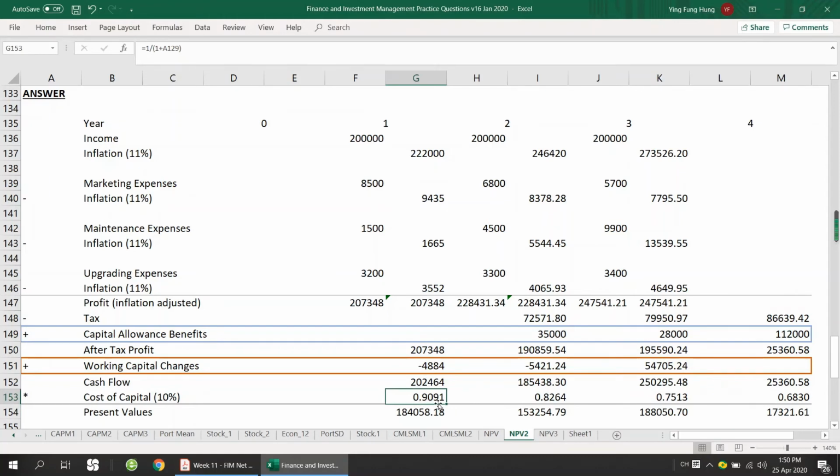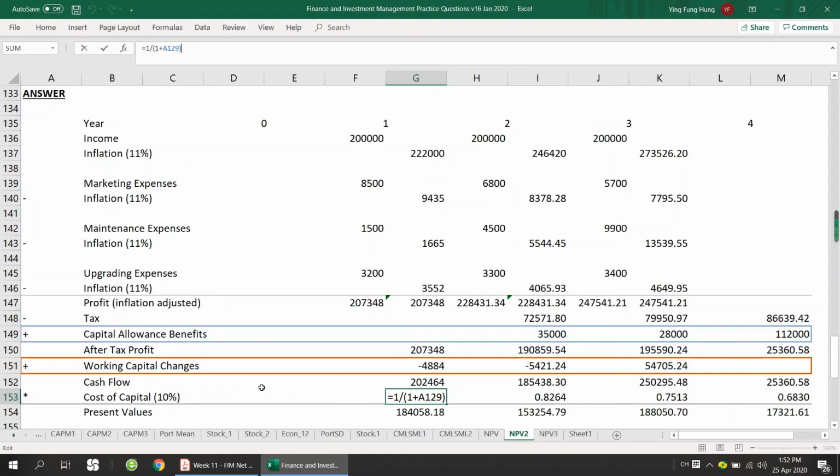0.9091. What this equation is trying to tell us is, this 1 represents 100%. So the money that we have today in year 0 will not be worth any less. So it's going to be worth 100% of the money. However, the money 1 year later is going to be worth 10% less.